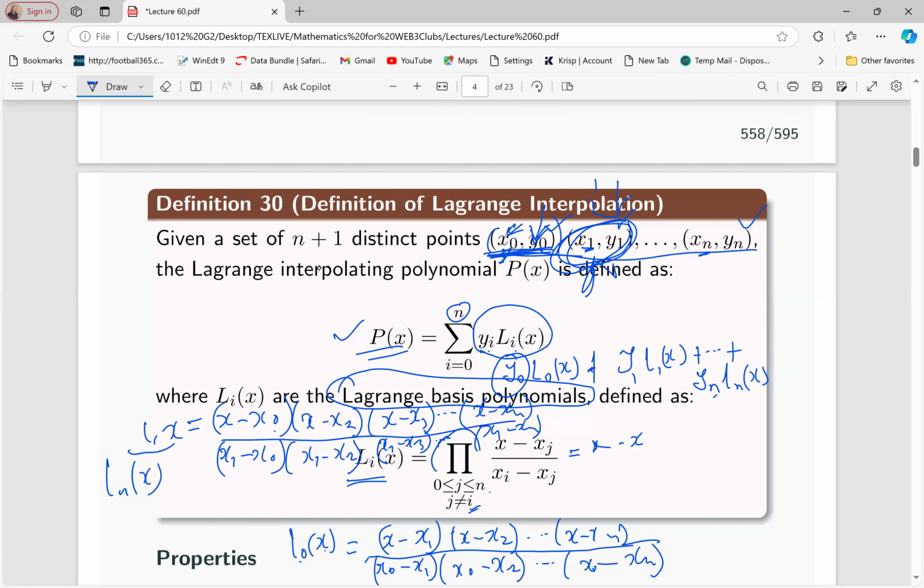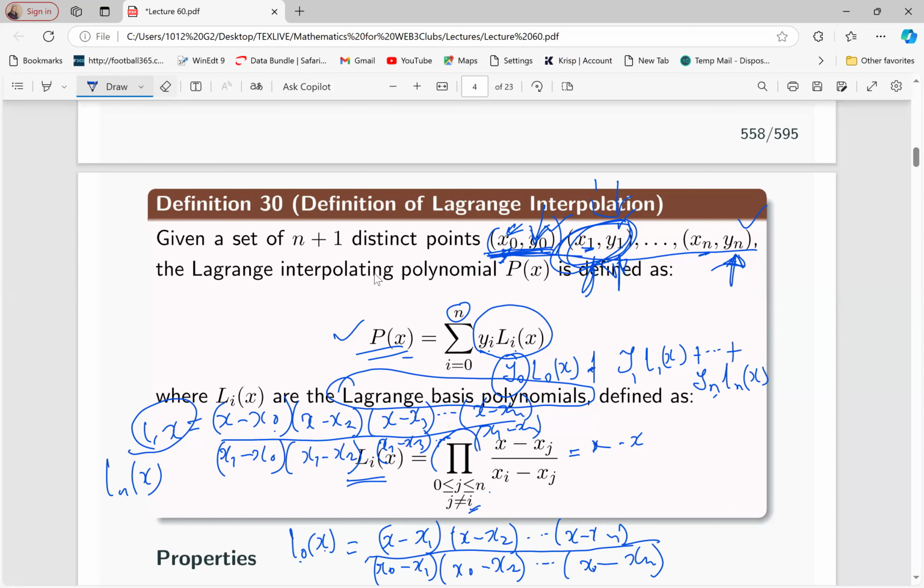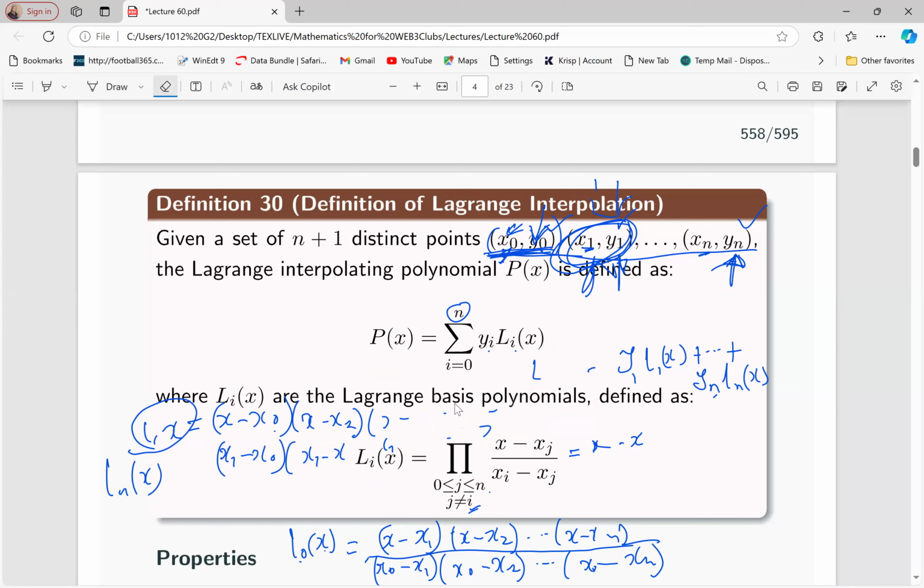Then L1x multiplied by the y coordinate of the second point, all the way up to the nth y coordinate of the last point. You sum all those, and then you'll have to simplify, collect like terms, then come up with the polynomial. So that is about the formulas that I've given here.